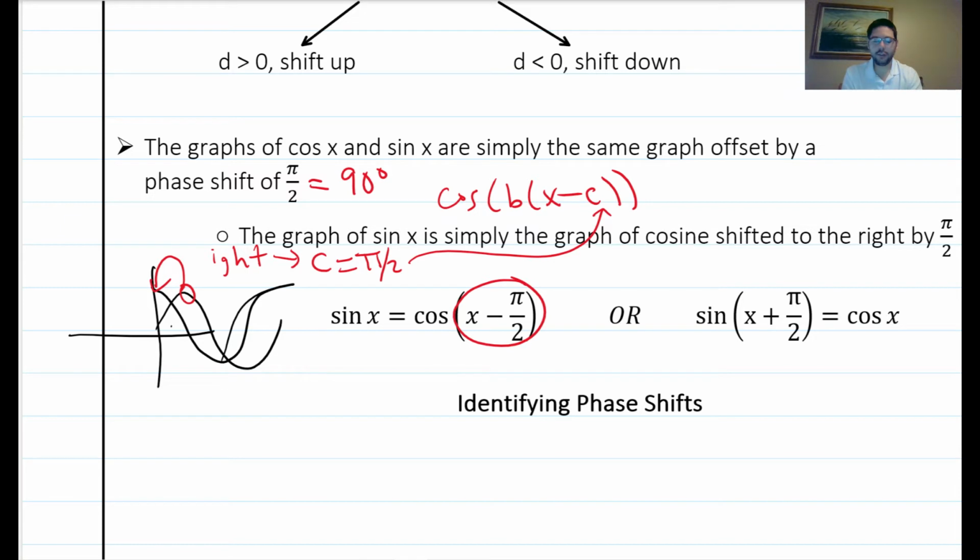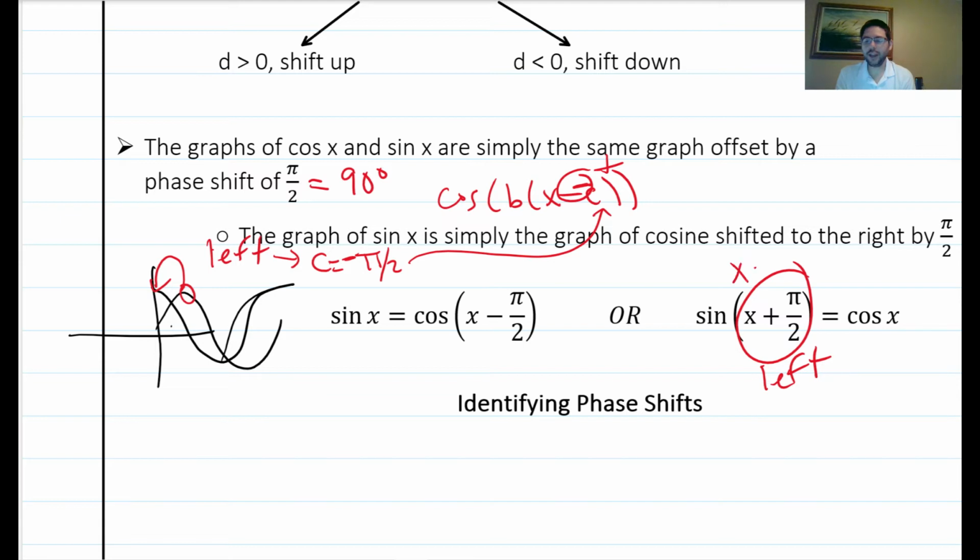So in that case, this is going to be a shift to the left by pi over 2. And shift left means that c has to be negative, right? So that means that c is negative pi over 2. And if c is negative, then we get a double negative situation going on here, which makes this into a positive. So that's a shift left by pi over 2.